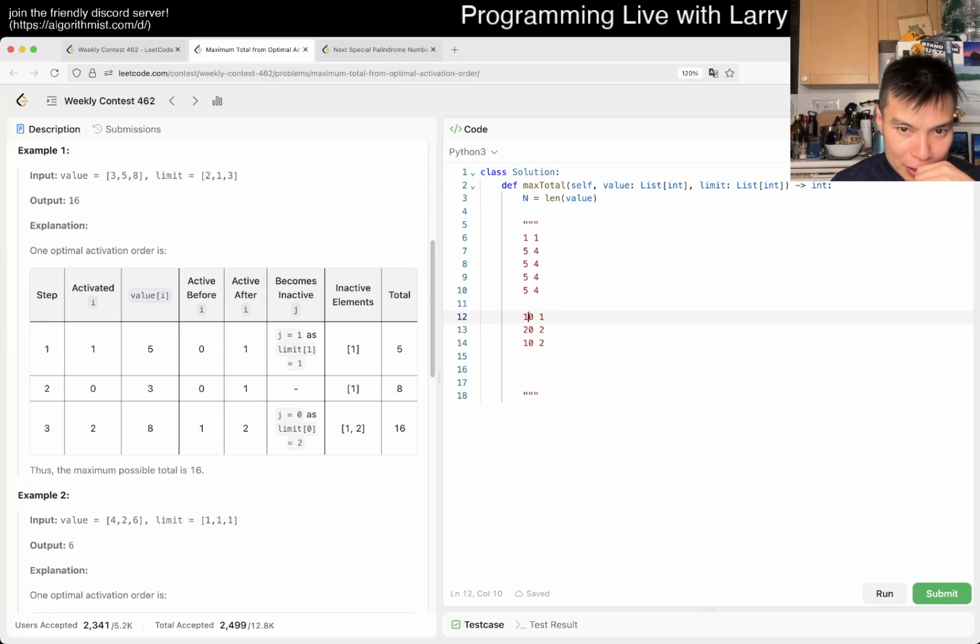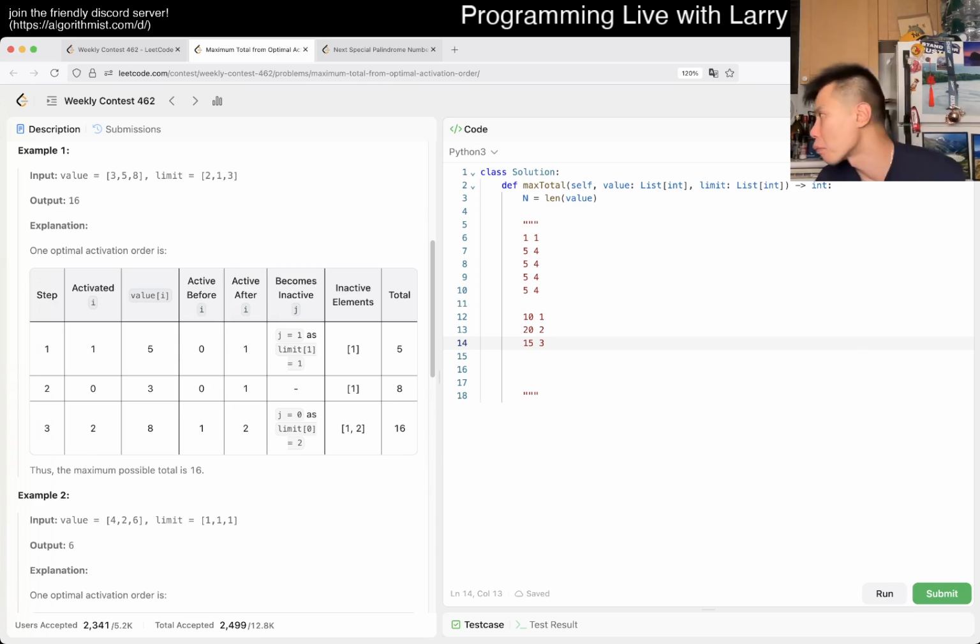Because here, even if you say 3, and I even say this is 15, if you do greedy, you may do the 2 first, but then now this becomes inactive, and then you do this. But what you want to do is actually do this first, then this one, then this one, then you get all 3, right? There's this weird thing.